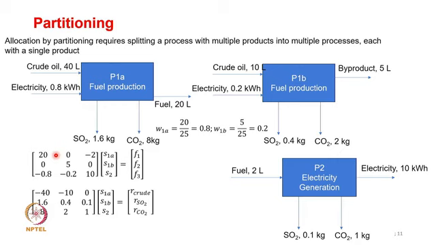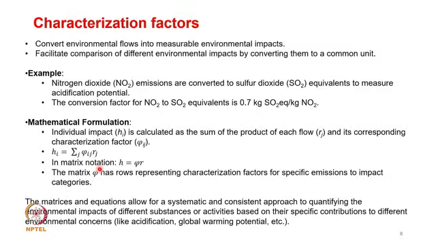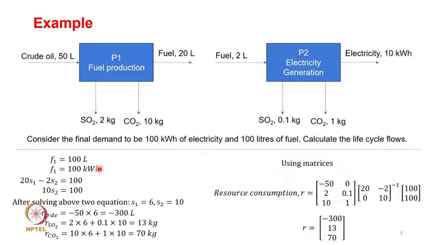Similarly, if you write that in terms of the fuels, this is minus 40, minus 10, and that's all about it, okay. The first one is all about the economic flows, and the second one is the one concerning environmental flows.